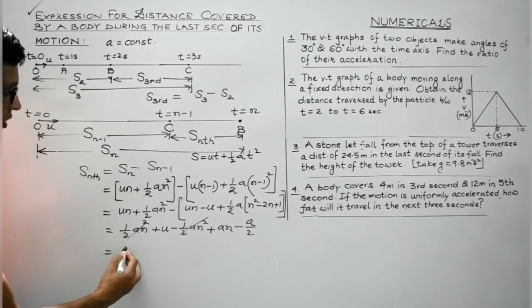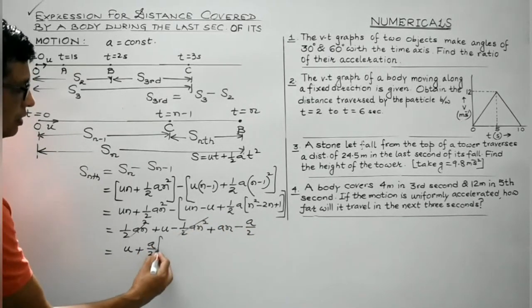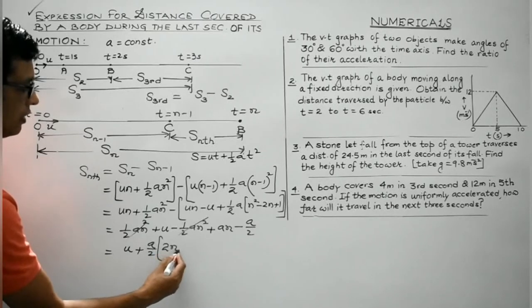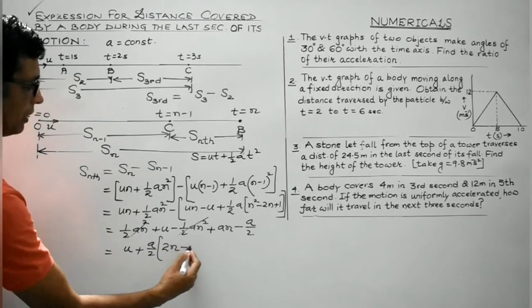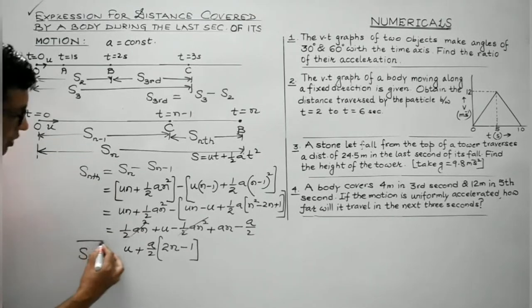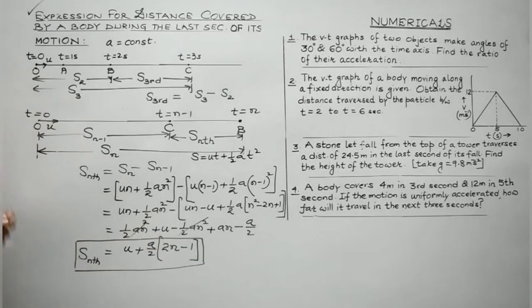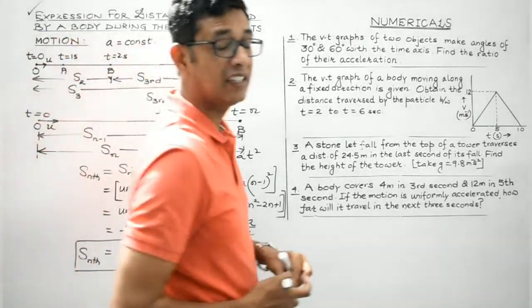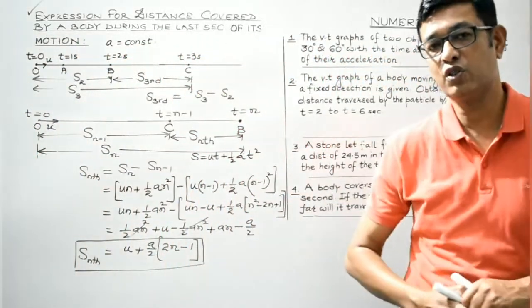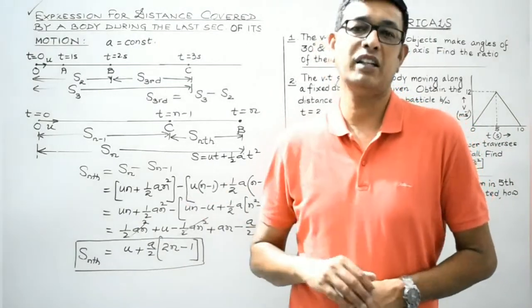So we are left with u plus a by 2 can be taken as common. Over here it will be 2n minus 1. So students, this is the formula for the distance covered by a body during the last second of its motion. And it is S_nth is equal to u plus a by 2 in bracket 2n minus 1.